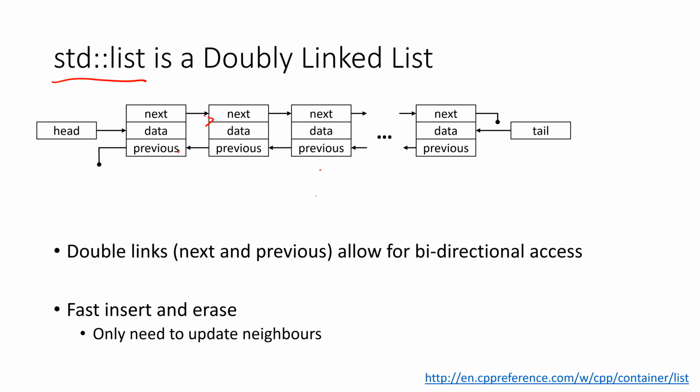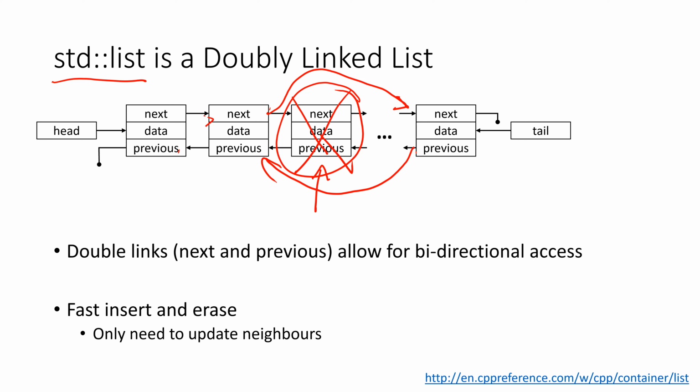Okay, so the nice thing about list is if I call erase, so I have an iterator pointing at this element, I call erase, it gets deleted, and then this next pointer, the one before it, gets updated, and this previous pointer, the one after it, gets updated. That is an order one operation, right? I didn't do any looping, nothing. It was all constant time.